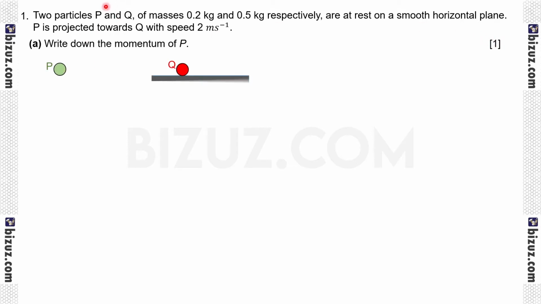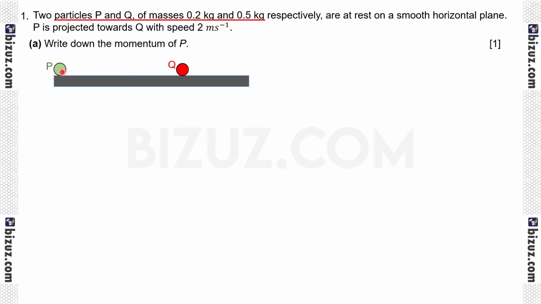Now this question holds 1 mark, so let's first understand the whole question. So there are two particles moving on a smooth horizontal plane. So let this be the smooth horizontal plane and let these two particles be P and Q. Now these two particles, particle P and particle Q, have masses 0.2 kg and 0.5 kg respectively.